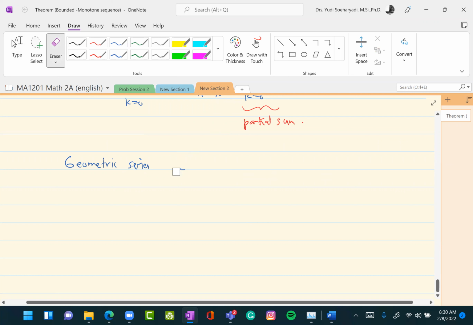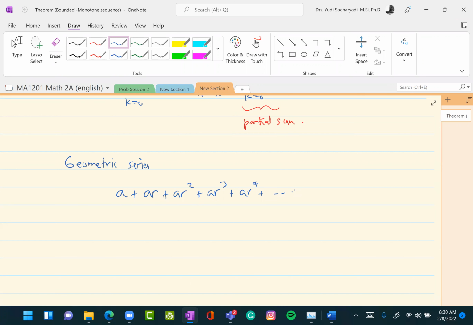I just write this down as A times R to the n, where A and R are constants. R is called the ratio.